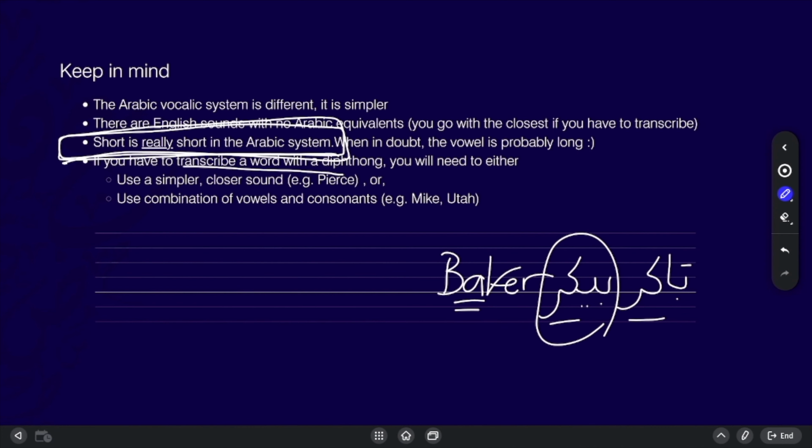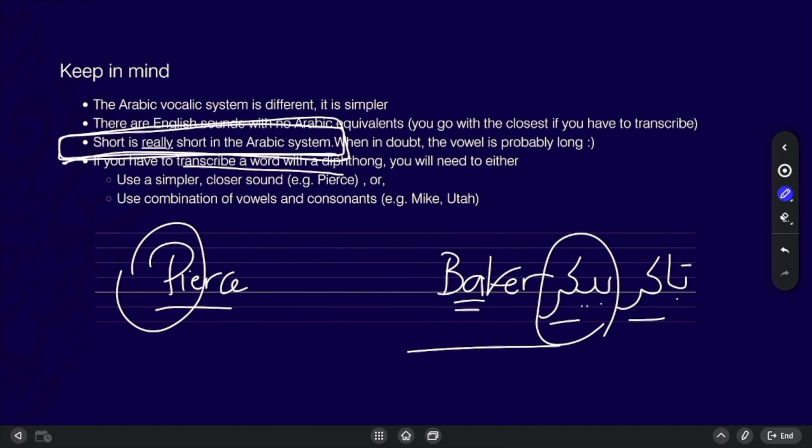Let's say Pierce, like Baker. Already we don't have P in Arabic, so the closest thing will be ba. It will look like Beers. A lot of Arabic language speakers will still read it as Pierce because they can transcribe back with experience.